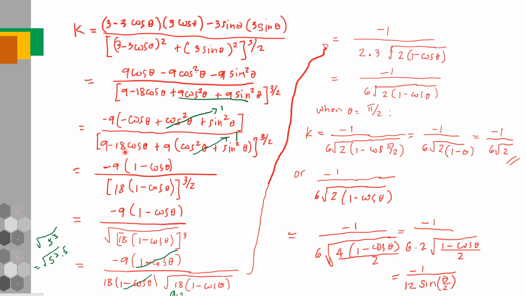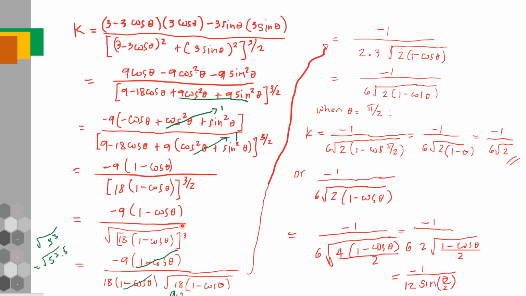Wala nang 18, 1 minus cosine theta na lang. Okay? Raised to the power of 3 halves. And alam naman natin, pag raised to the power of 3 halves, that is, square root of the cube. Sorry. Square root of the cube. So, we have 18 times 1 minus cosine theta raised to the power of 3, then square root. Okay, so meron tayong square root.